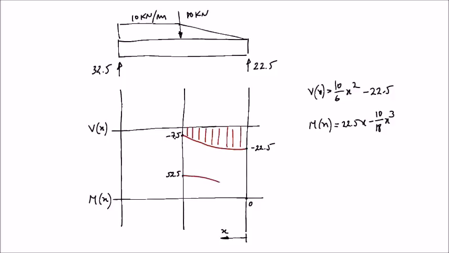We'll have something like this, right? This is our bending moment equation for the section for x between 0 and 3.